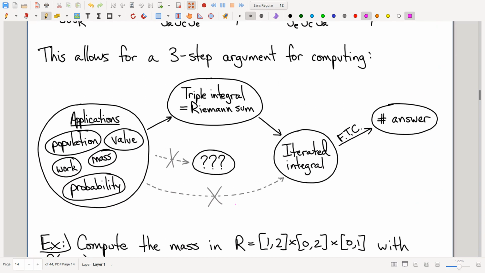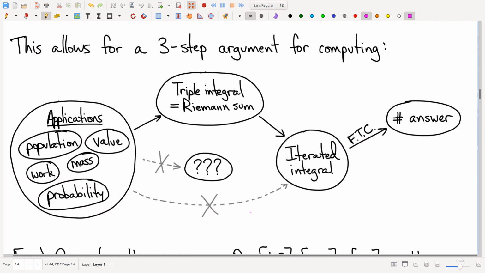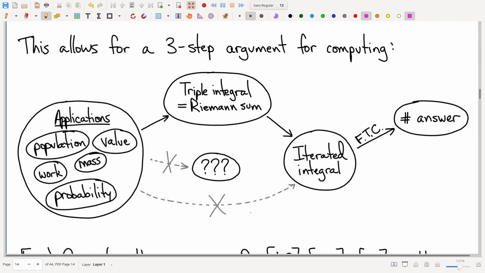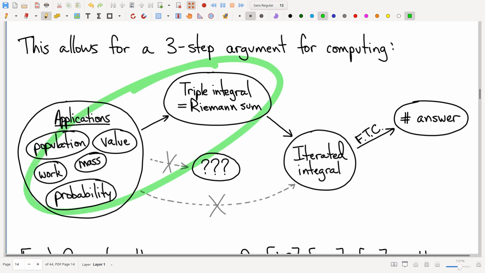y'all will recognize this diagram, or at least the structure of this diagram. This is new, of course, but we have already made this connection here that applications can be addressed by Riemann sums: chop it up, add it up, whole is the sum of the parts, Riemann sums. So that we know. We've seen an example of that already.